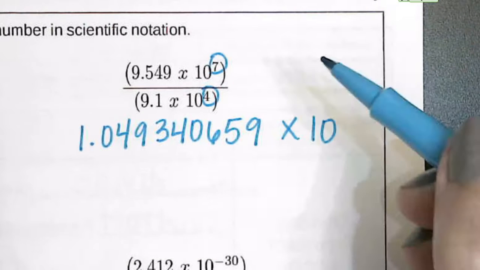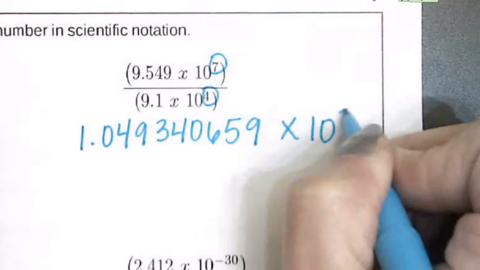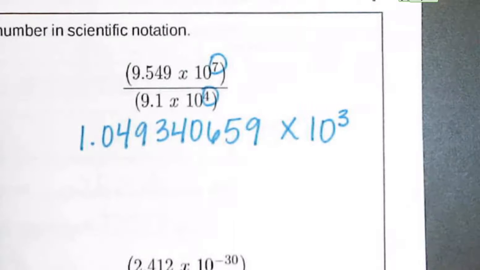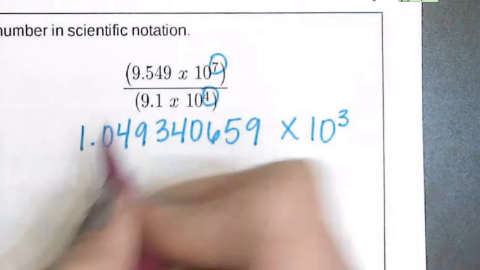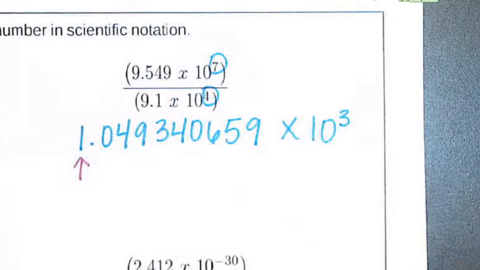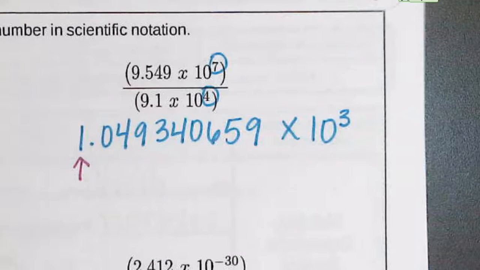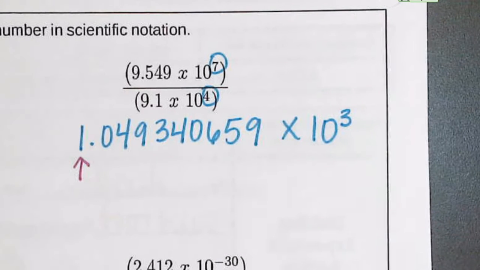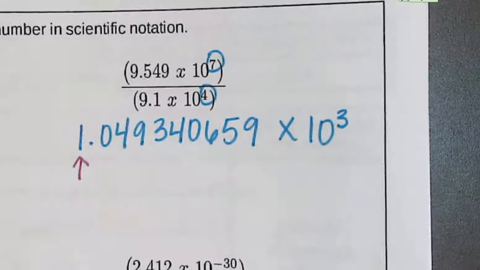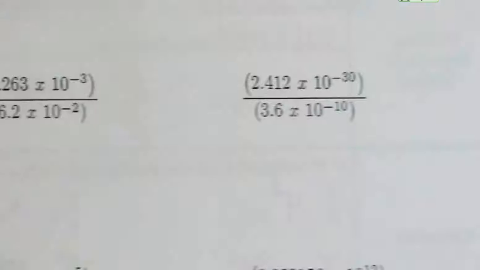So my third problem, same thing. Go ahead and type it into your calculator: 2.263 divided by 6.2. All right, this one gives me the answer of 0.365 times 10 to the, so I need to look at my exponents, and I see that I have -3.